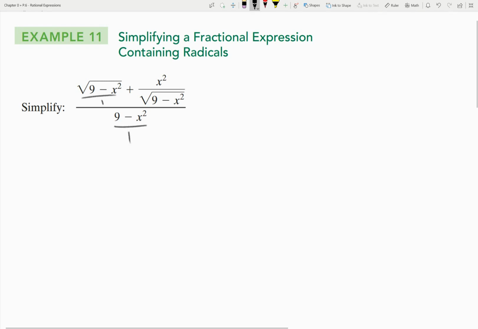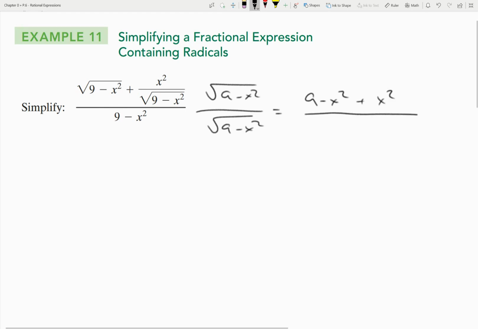This is over 1, this is over 1. The common denominator is just the square root of 9 minus x squared. So if I multiply the top and the bottom by that, a square root times a square root, same base, right? Add the exponents together, we just get 9 minus x squared plus x squared over, because the radicals cancel, over 9 minus x squared times the square root of 9 minus x squared, which is really 9 minus x squared to the 1/2 power.